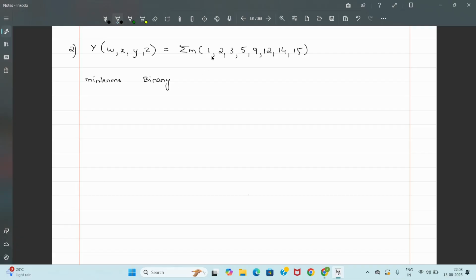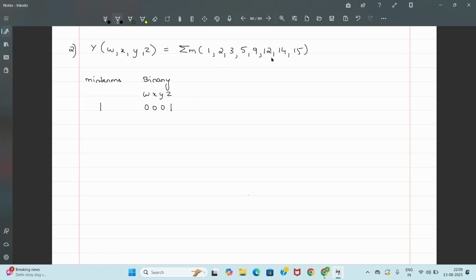Out of all these numbers, first I have 1, which has only a single one in its binary representation. So in the first group, I'm going to take 1, whose binary representation is 0001.